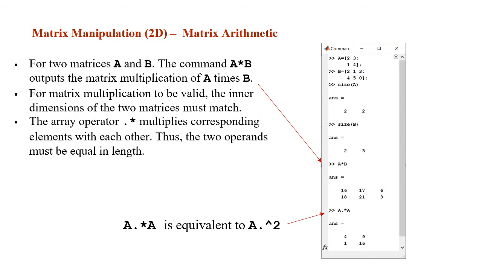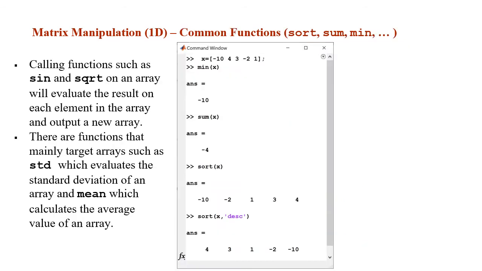A dot multiplication A is equivalent to A dot power 2, meaning each element in A is being squared, which is equivalent to multiplying each element in A with its corresponding element, or with itself basically.